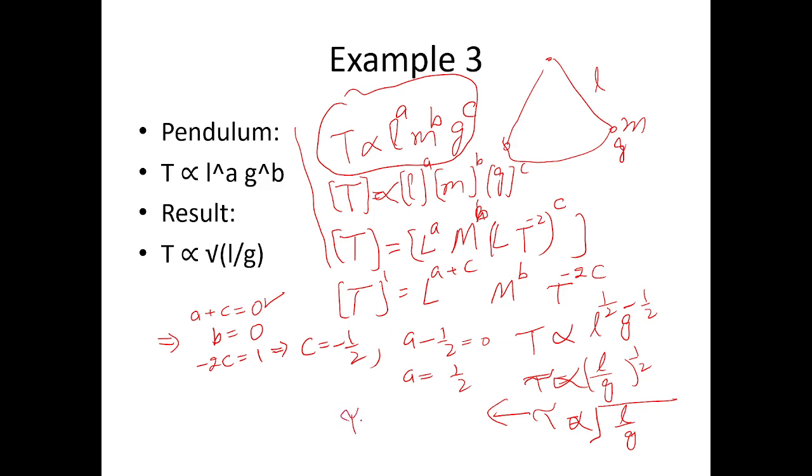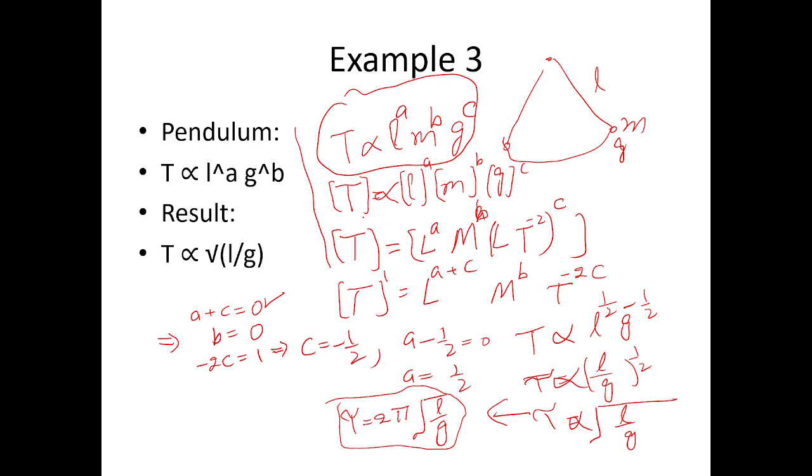So you will find ultimately that T is 2 pi times the square root of L over G, with this constant. So you see how we find this 2 pi. Take the experiment, take the stopwatch and find the time period, and you have the length of the pendulum and G is 9.8 meter per second square.